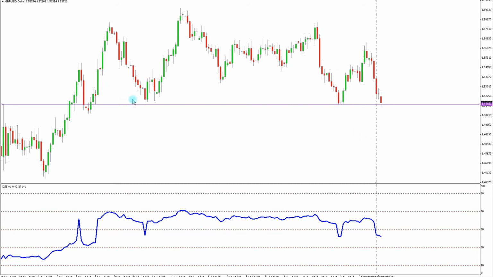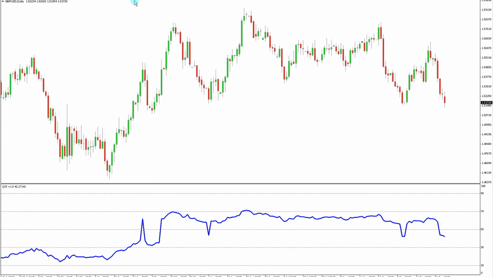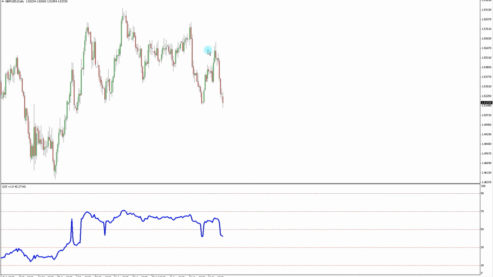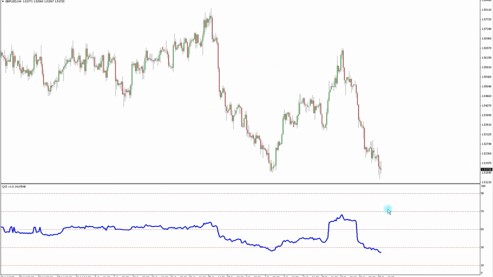So the QSI is a very useful tool. It's very powerful. If you want to enter against the trend, it gives you some real values that you could use to know how overreached the market is. So for instance, here is an interesting example.